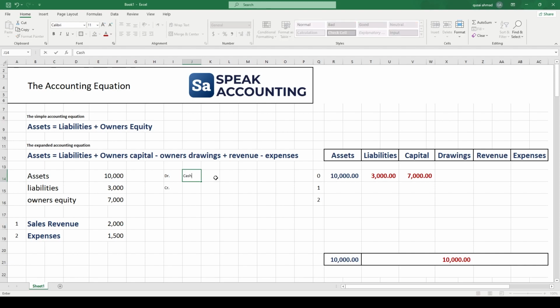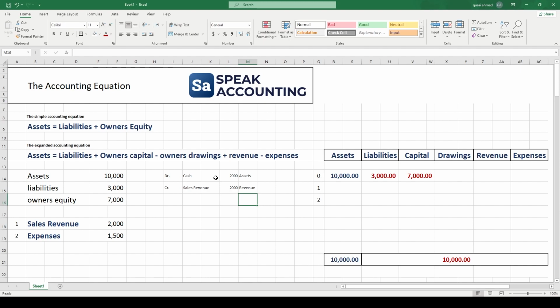Our debit side is going to be cash, and our credit side is going to be sales revenue, 2,000, 2,000. Now, under which account does cash fall? It's an asset, and sales revenue is a revenue account.